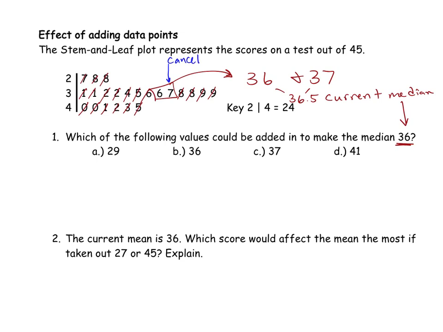If I added a 37, then I would have to cross that 7 off and that 6, and the 37 would become the new median. So that's not going to work.